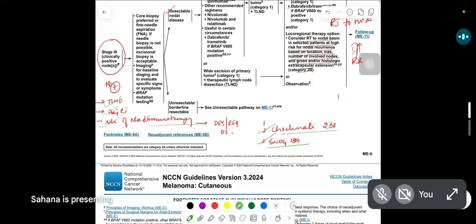In adjuvant, everywhere there are 3 options. That is Nivo plus Ipilimumab. This has been superior in all aspects, OS, DSS, everywhere. Pembro, there are some trials that say there is some disease-specific survival benefit, but not OS. Then BRAF-directed therapy, that is Vemurafenib with Trametinib.